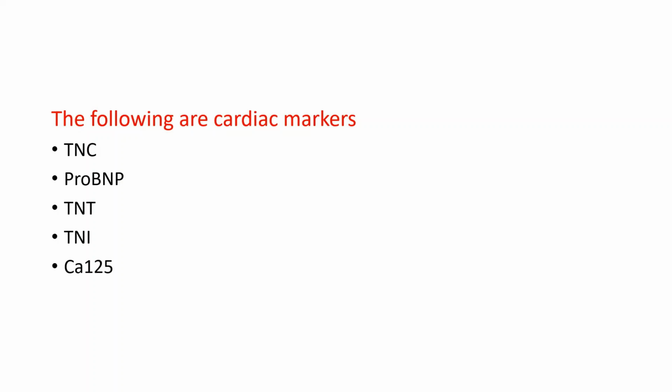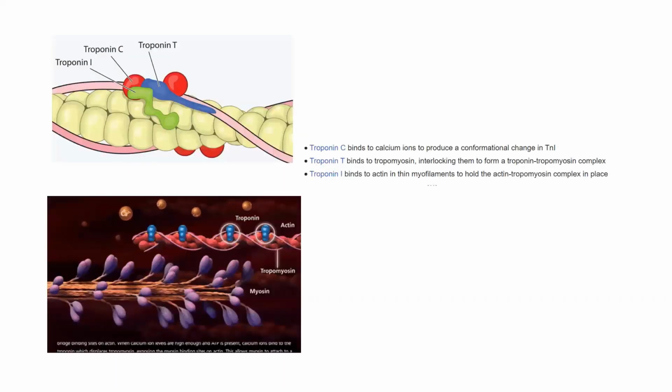Categorically no. Which one are you so confident about? I mean, the one that you are so confident is not a cardiac marker: CA125. Good. So now this is the troponin.